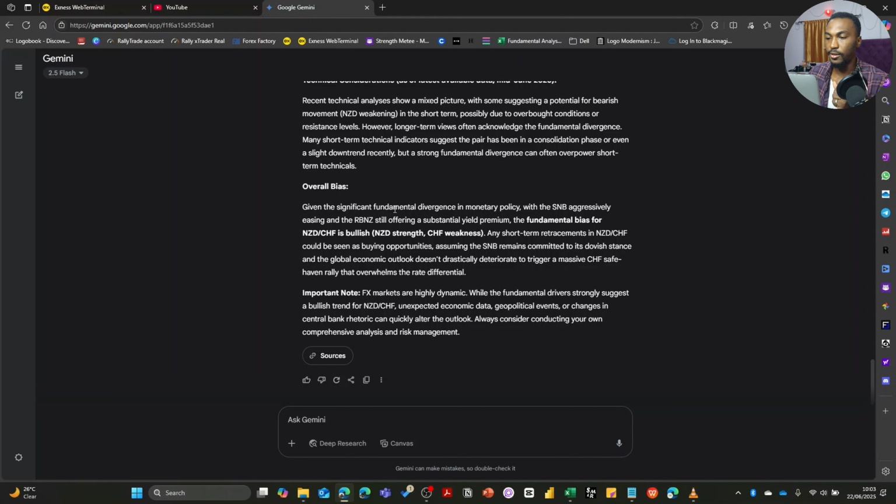Given the significant fundamental divergence in monetary policy with the CNB aggressively easing and the RBNZ still offering a substantial yield premium, the fundamental bias for New Zealand against the Swiss franc is bullish. New Zealand strength and CHF weak. Any short-term retracement in the NZD/CHF could be seen as buying opportunities.